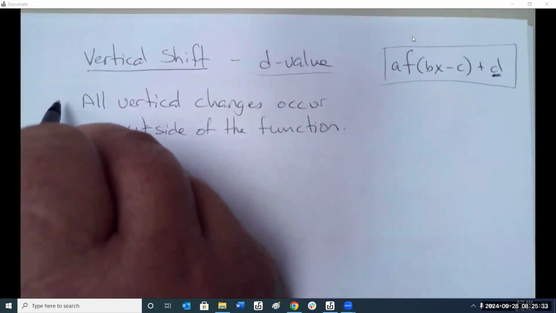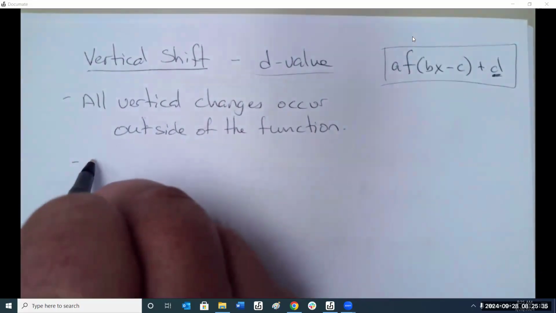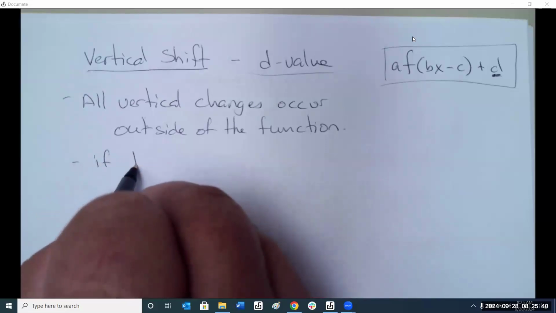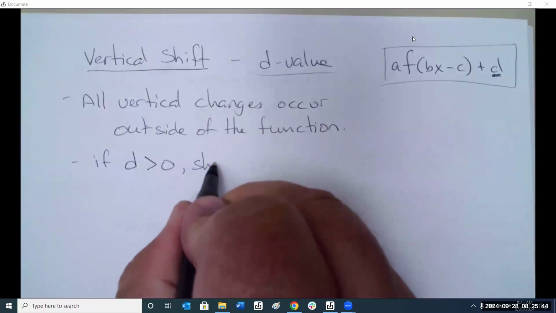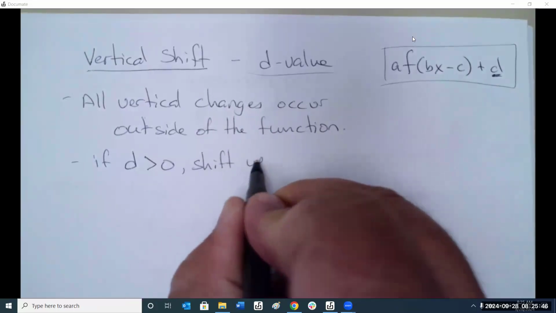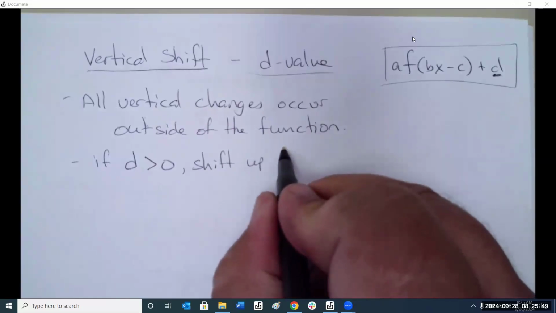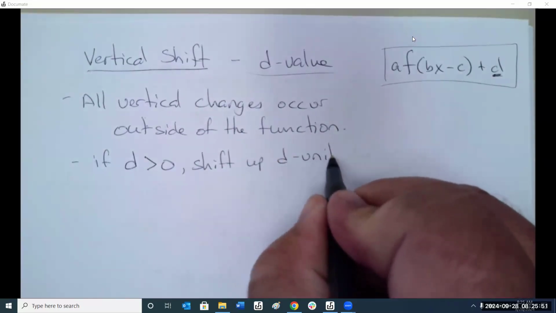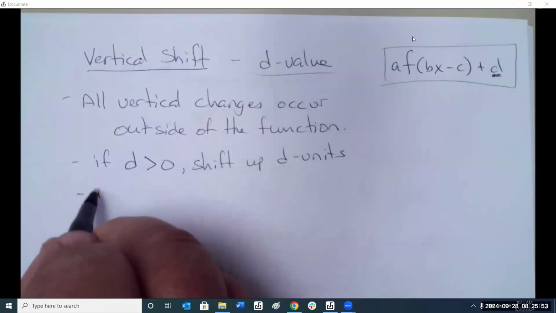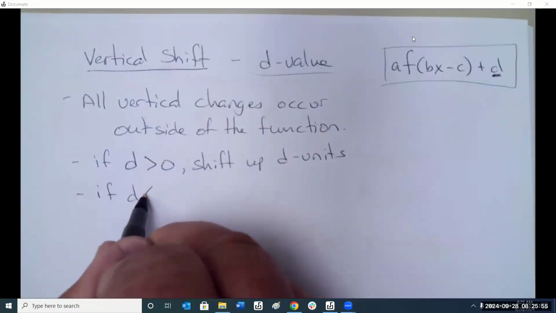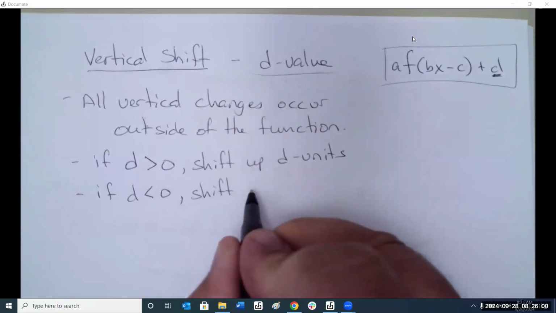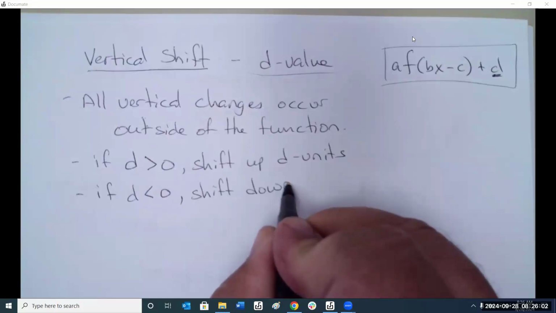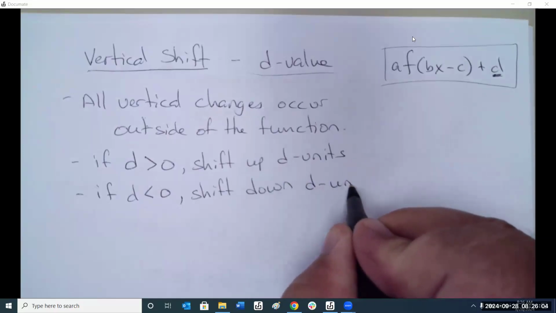For this one, if the value of d is positive, you shift the entire graph up d units. If d is negative, shift down d units.